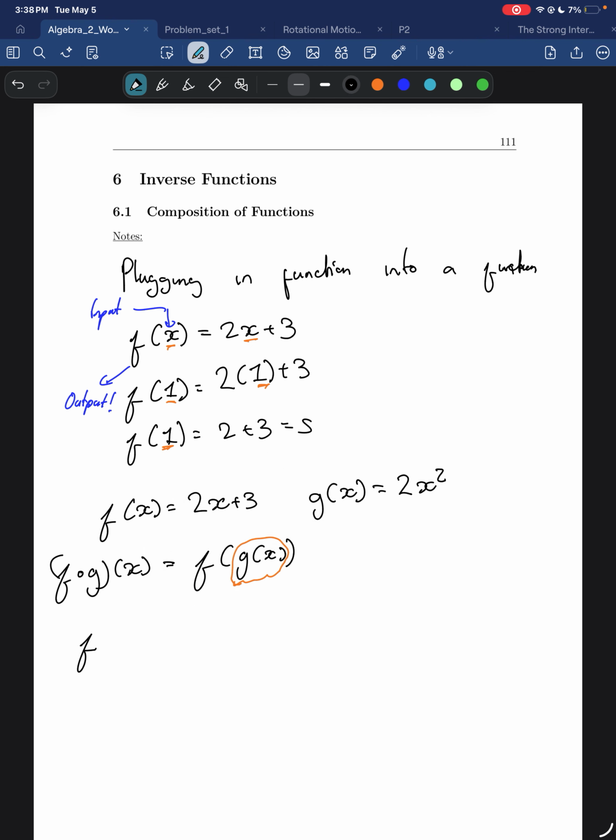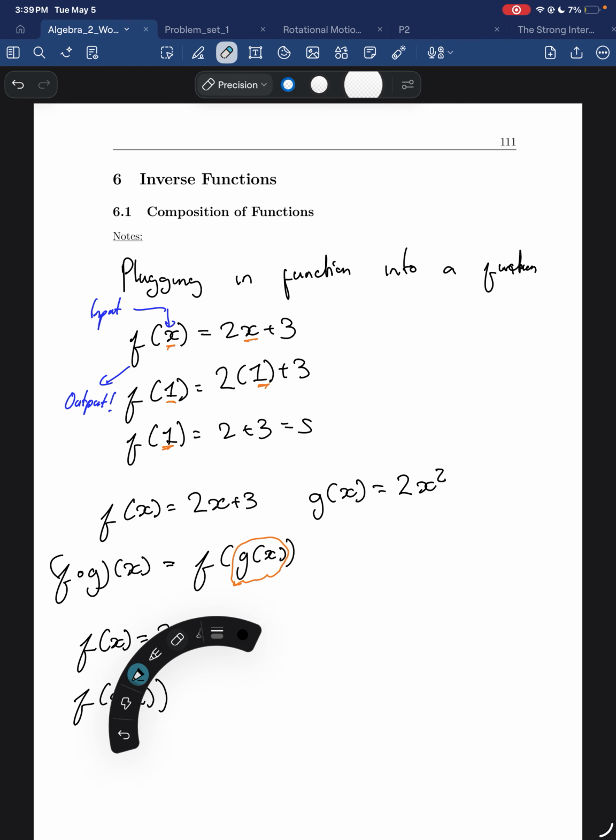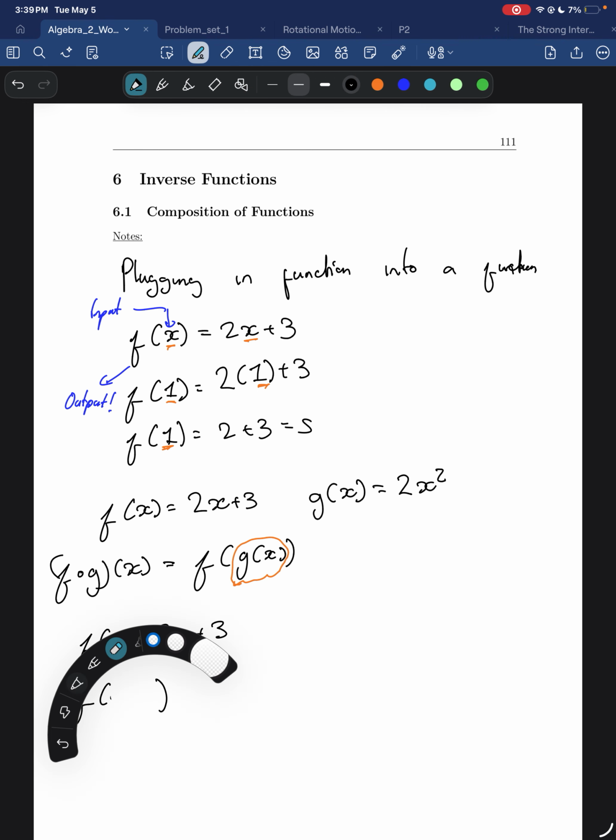So let me carry on with this example. We have f of x equals 2x plus 3, but now what we really want is f of g of x. Let me write the g of x in a different color.